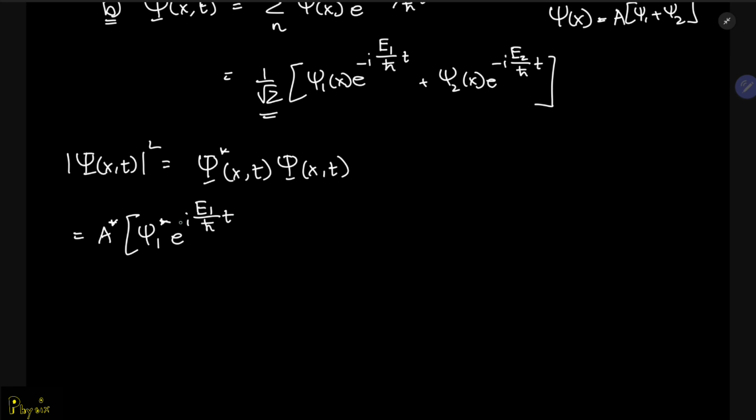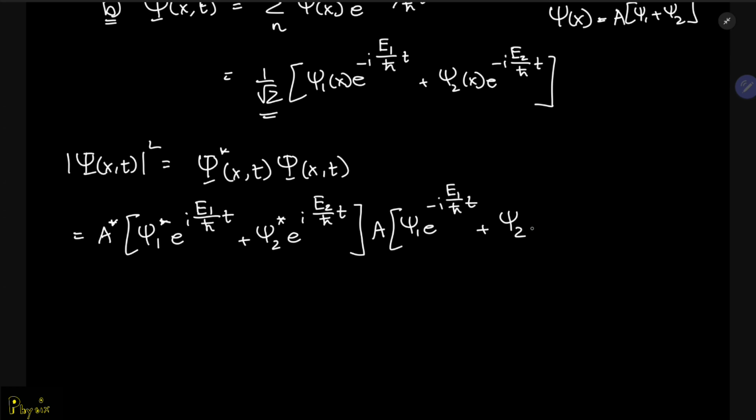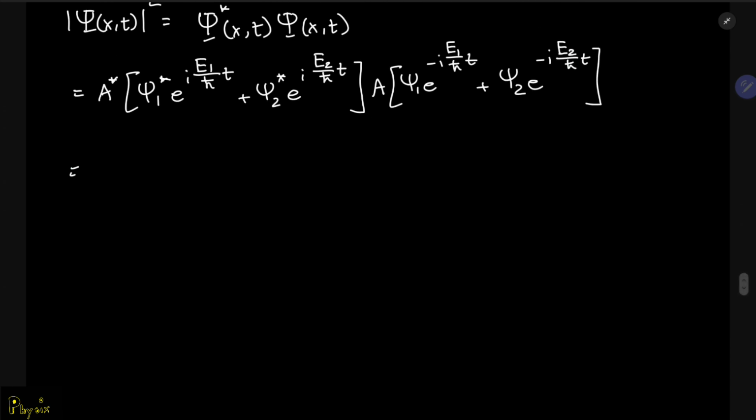This is not minus but plus because you're taking the complex conjugate. All right. So basically you have A squared over here, so this becomes 1 over 2.